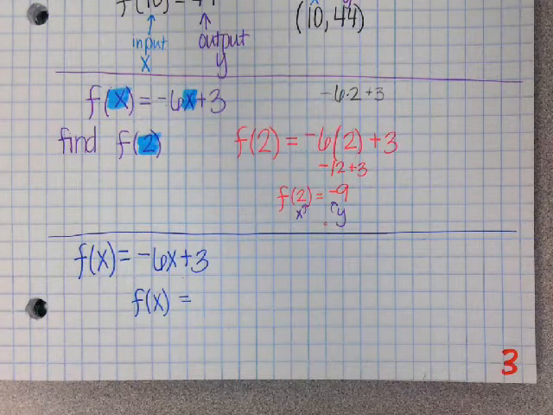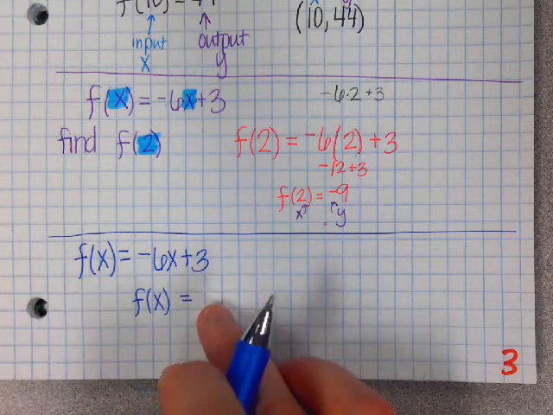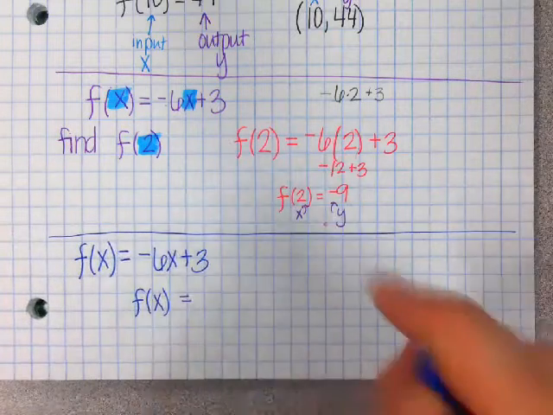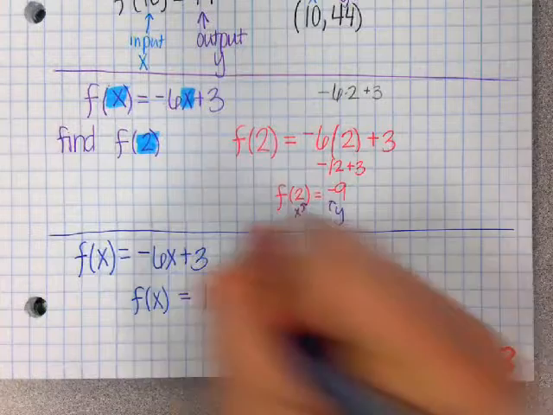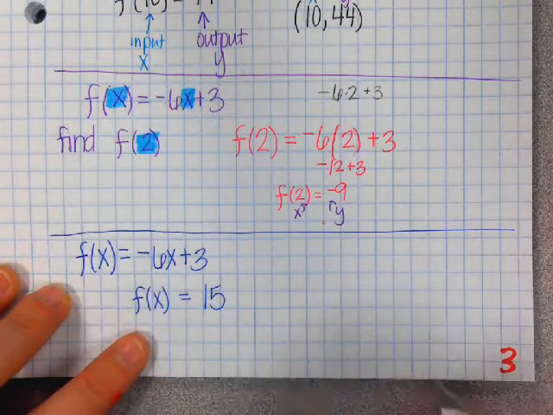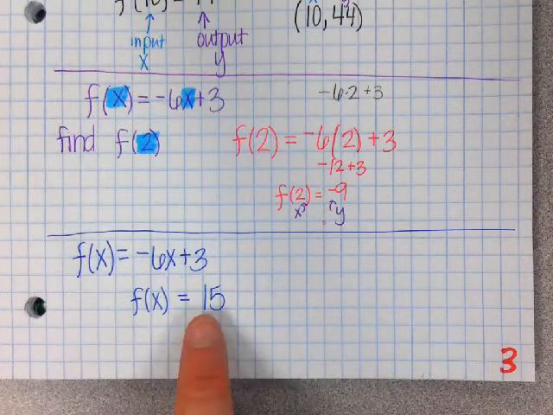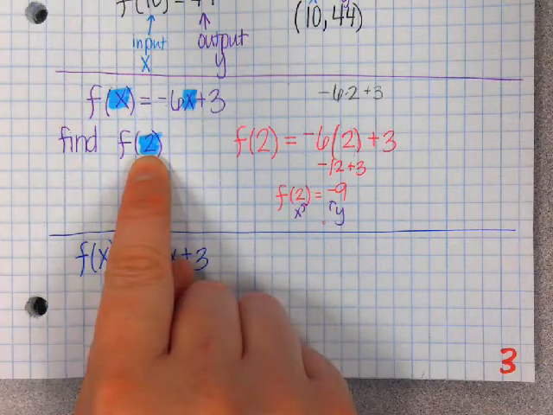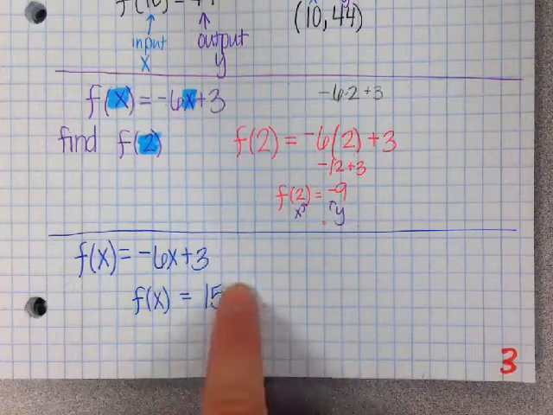What I mean by some value is instead of it giving you an input, it's giving you a value for this after you've used an input. So let's say we use 15. So it says f of x equals 15, and I'm wanting to find when f of x is equal to 15. So the difference here is instead of it using the number inside of the parentheses, it's using it as the output value.